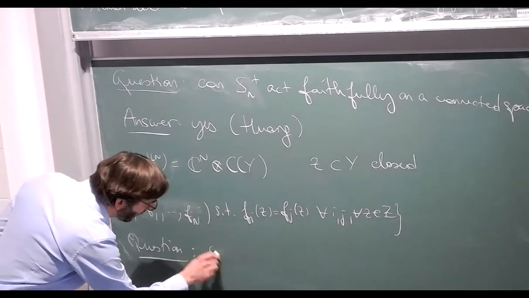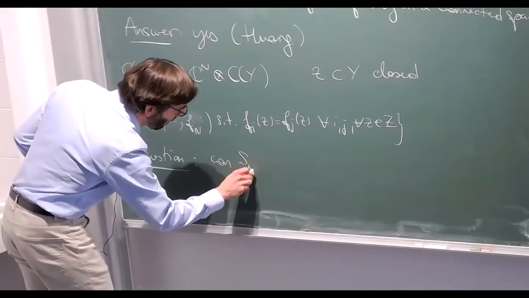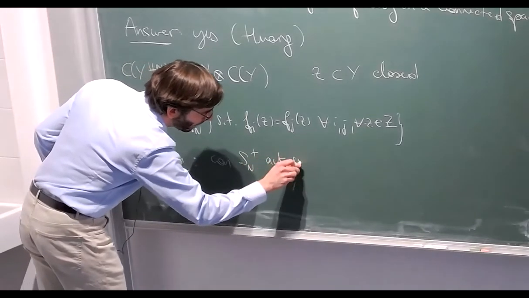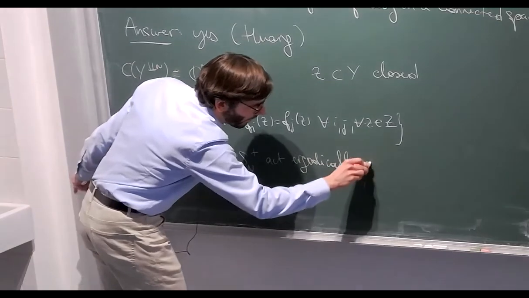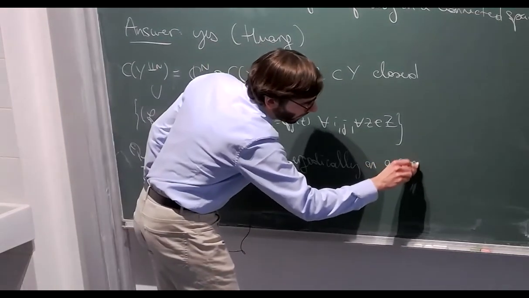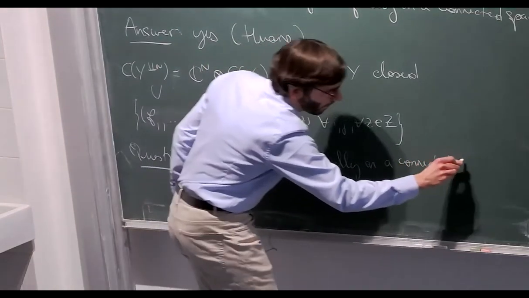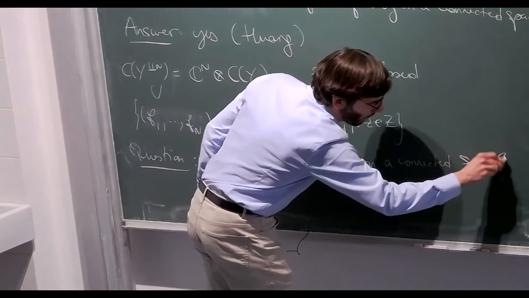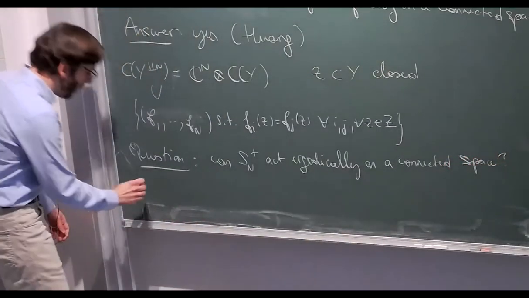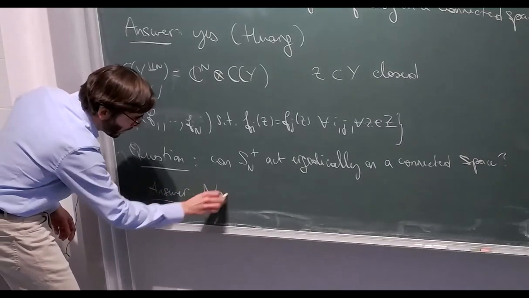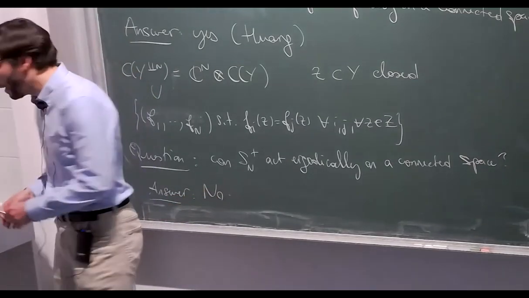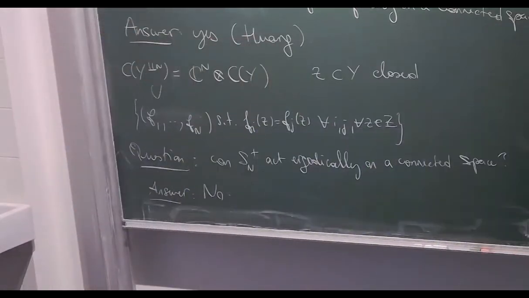So he asked, can Sn plus act ergodically on a connected space? And one thing that we do in our paper is to prove that the answer to that question is no. So there's no ergodic action on a connected space.